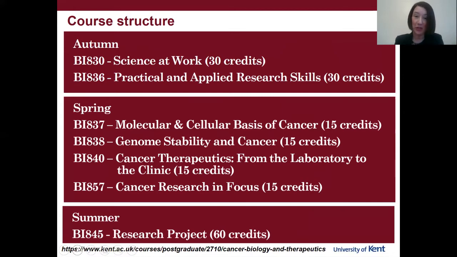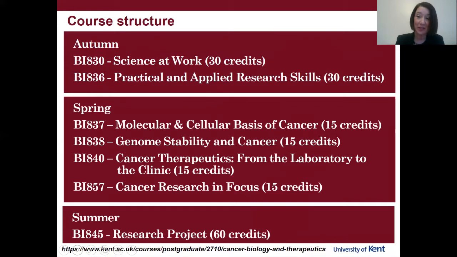The requirements for the MSc Cancer Biology and Therapeutics are to have a 2:1 degree in a biomedically related subject, including medicine, but we'll also look at people and their qualifications on an individual basis. So if you have additional training and an additional degree or experience in the field of biomedical science, then we'll also take that into consideration.